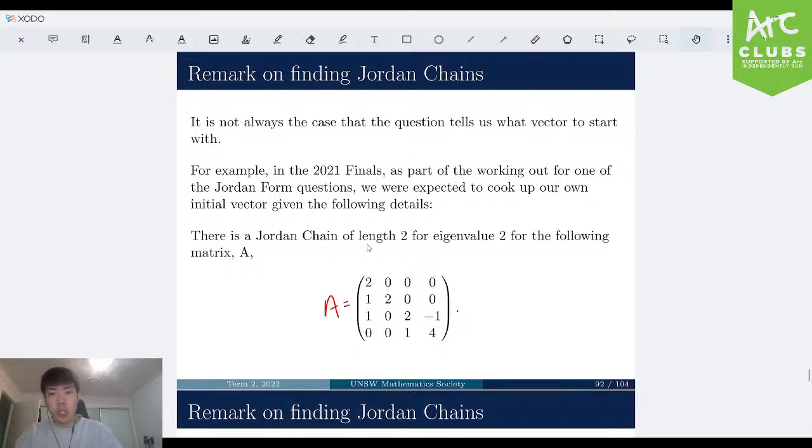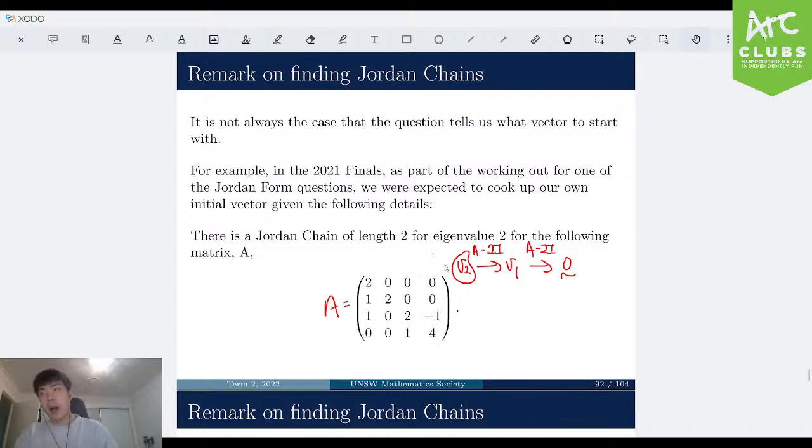So a Jordan chain of length 2 for eigenvalue 2 implies that we have some vector v2. If we apply A minus 2I, we get to v1, and then if we apply A minus 2I again, we get back down to the 0 vector, right? But we don't even know what this v2 is to begin with. So how can we start this process off?